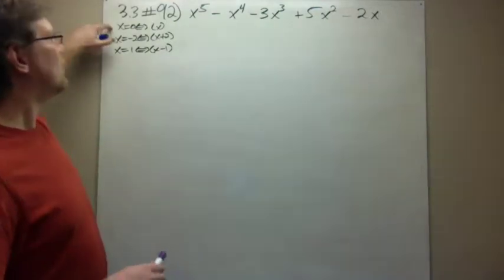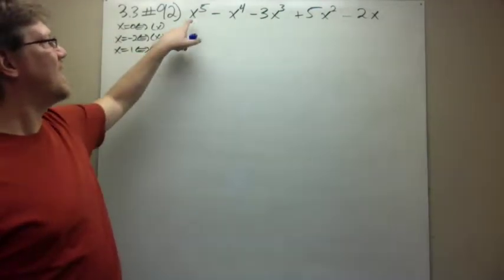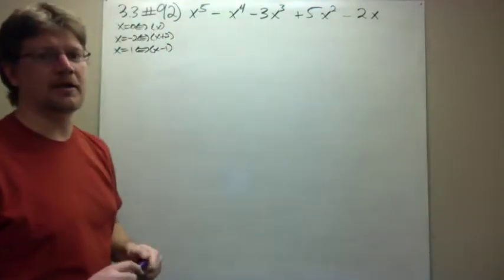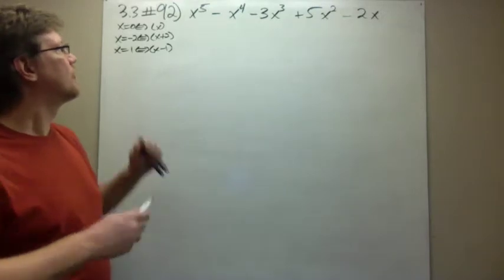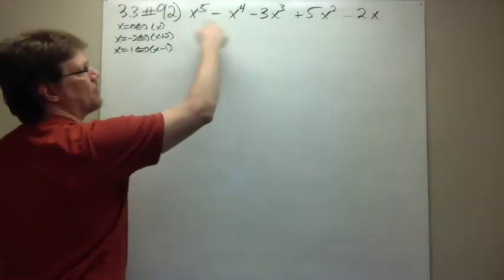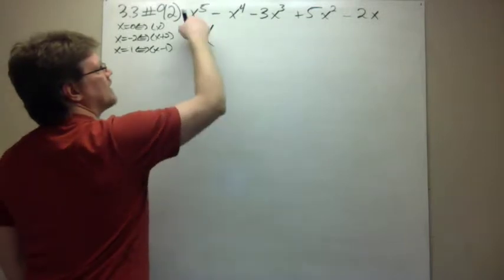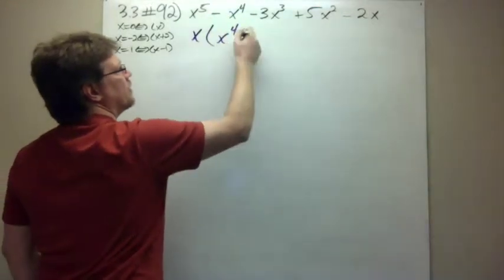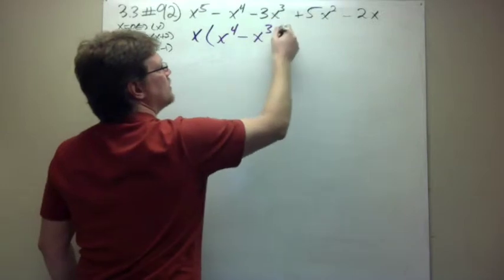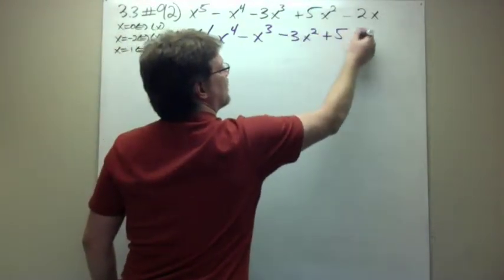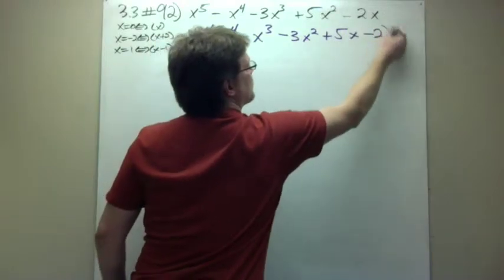Okay, the first one is easy, right? It's the x. There is an x in every single term here. So I can rewrite this by pulling just an x out. Well, that's an easy one. X times x to the 4th minus x cubed minus 3x squared plus 5x minus 2.